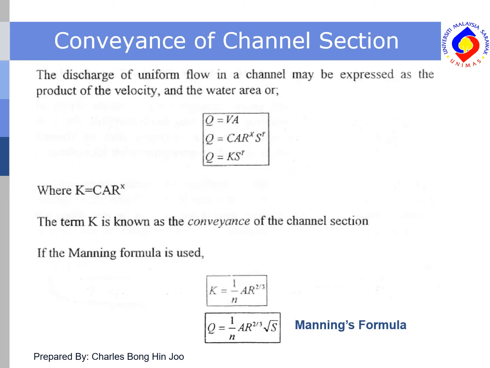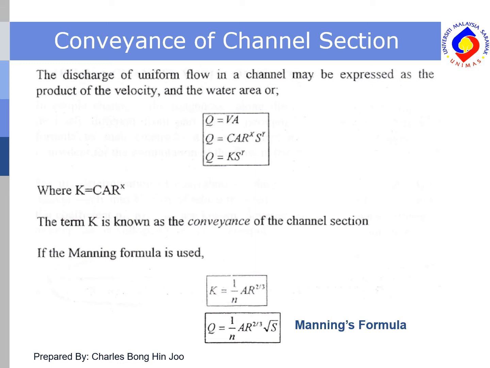In terms of the conveyance of channel section, the discharge of uniform flow in a channel can be expressed as the product of the velocity and the water area, or in other words, Q equal to VA.